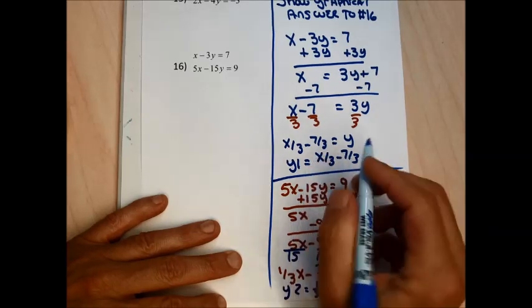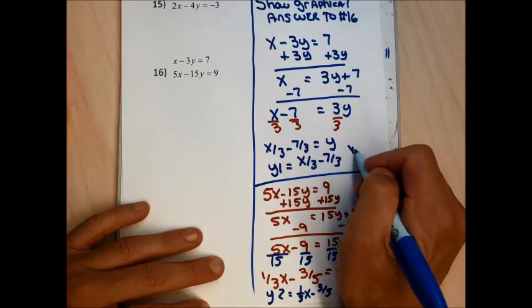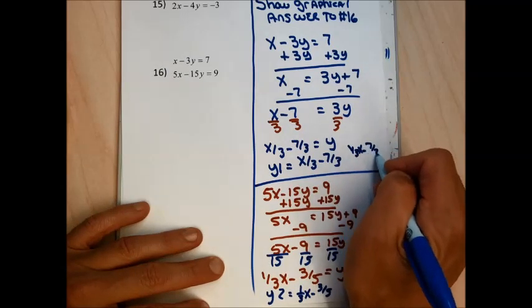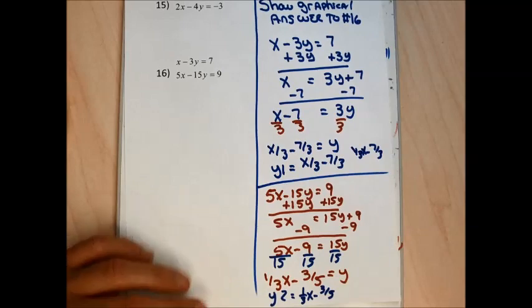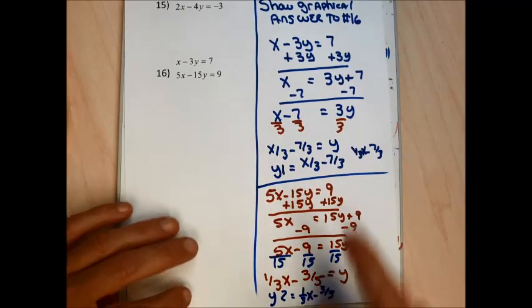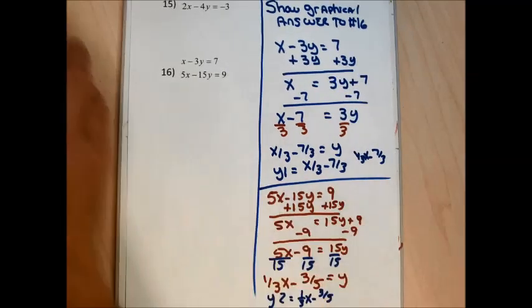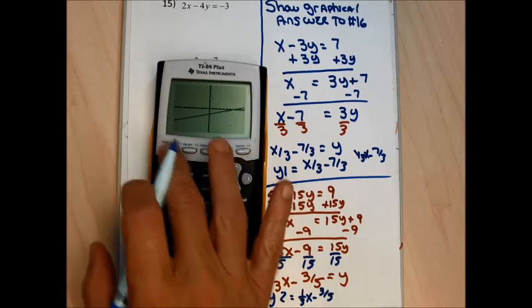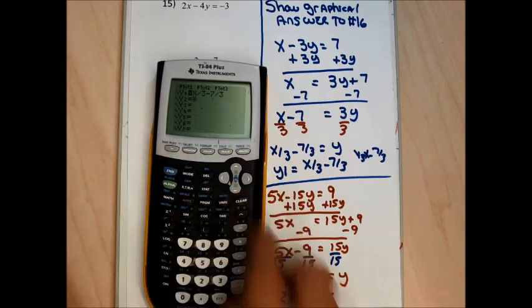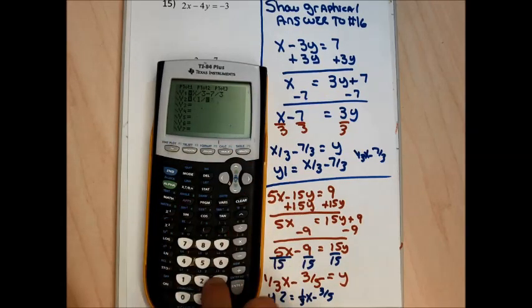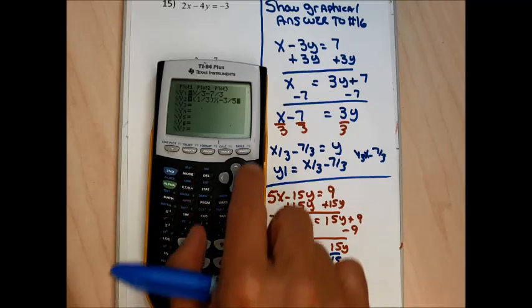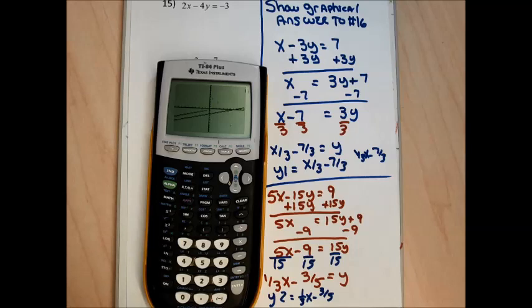This one right here is really 1/3 x minus 7/3, because that x can be moved off to the side. Both of these lines have the same slope, so they're going to be parallel. When I go now in y2 and graph parentheses 1 divided by 3x minus 3 divided by 5 and graph it, you'll see that the graphs are completely parallel and they never cross.